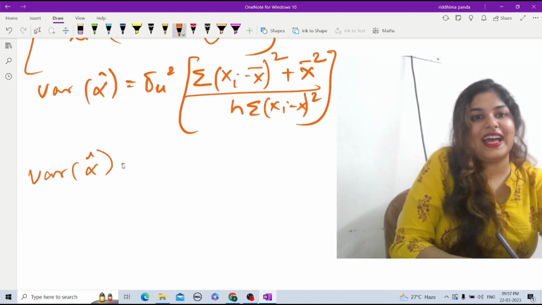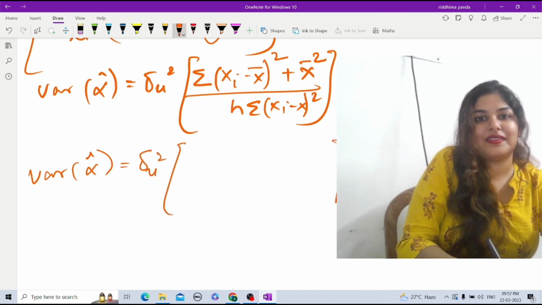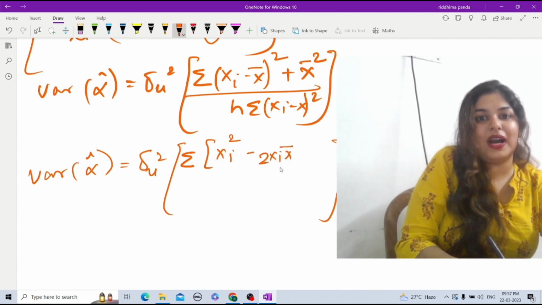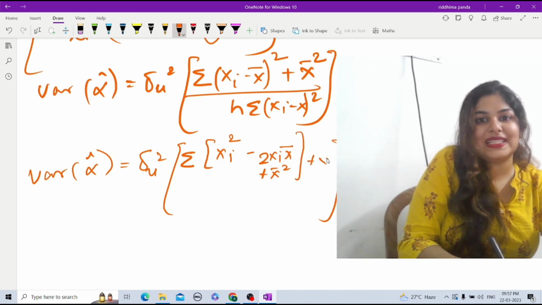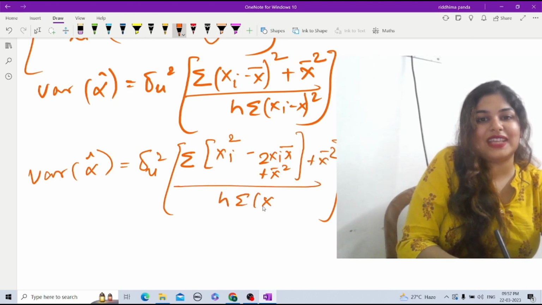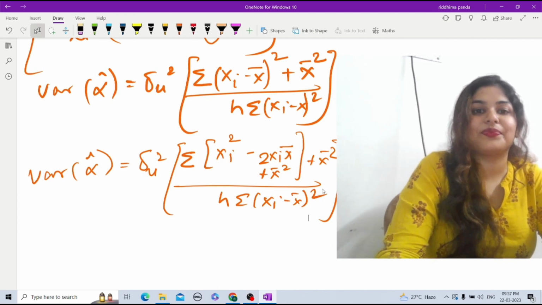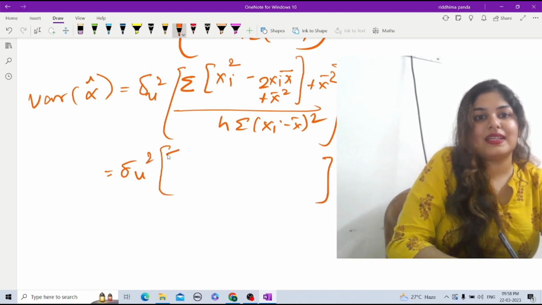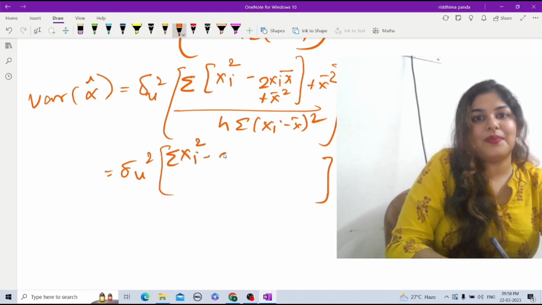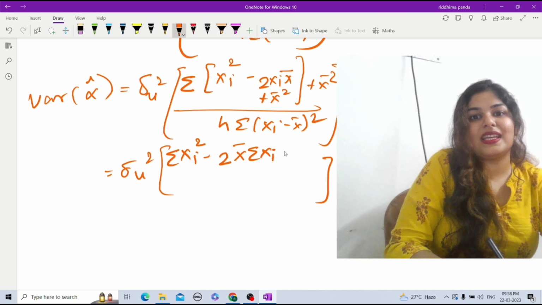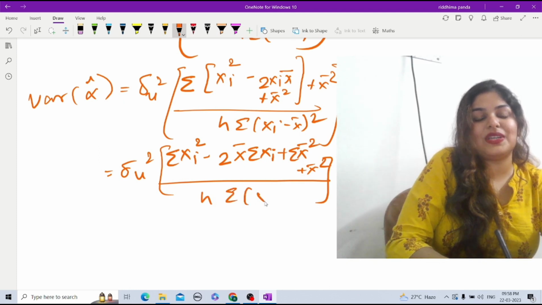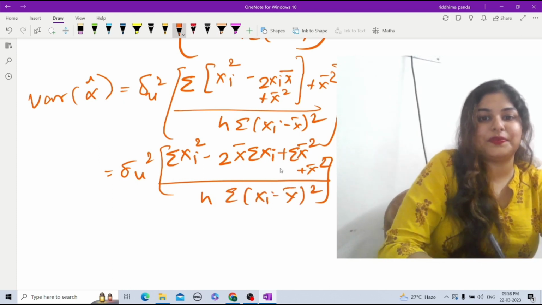So variance of alpha hat is equals to sigma u square (summation xi square minus 2 xi x bar plus x bar square plus x bar square) by n summation (xi minus x bar) whole square. So this is equals to again sigma u square (summation xi square minus 2 x bar summation xi plus summation x bar square plus x bar square) divided by n summation (xi minus x bar) whole square.